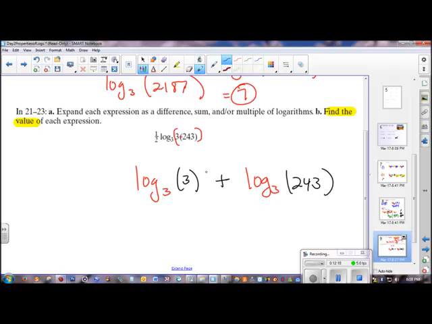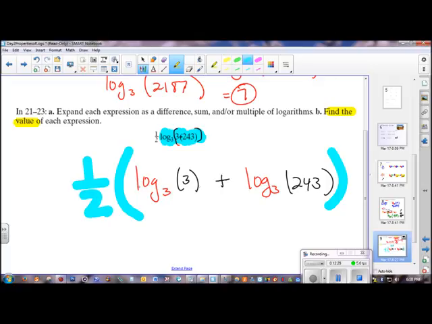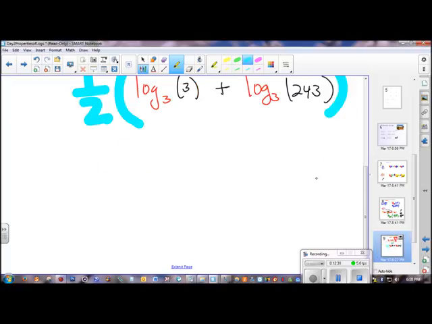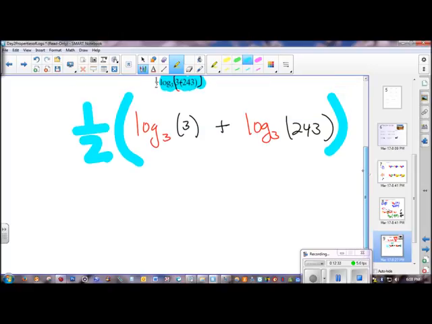And then last thing we have to think about is this 1/2 coefficient out front. Now when you think about it, I'm going to highlight the log piece of this, and it was 1/2 times that entire log piece. So now you can consider it as 1/2 times that entire log expression. And we'll come up with separate evaluations for each.